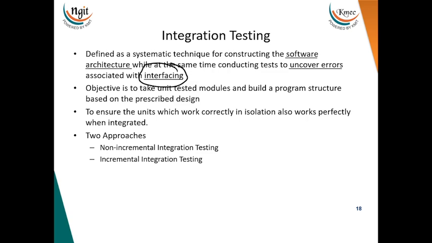This is unit testing. Integration testing defines the system's technical construction of the software, the software architecture. While conducting tests, it uncovers errors associated with interfaces. Majorly it deals with interfaces. The objective is to take unit tested modules and build a program structure based on the design.